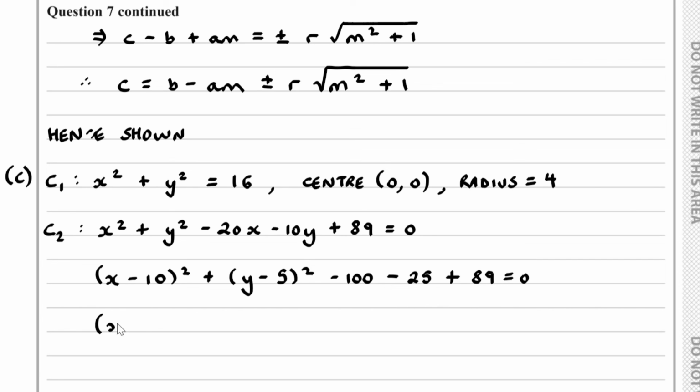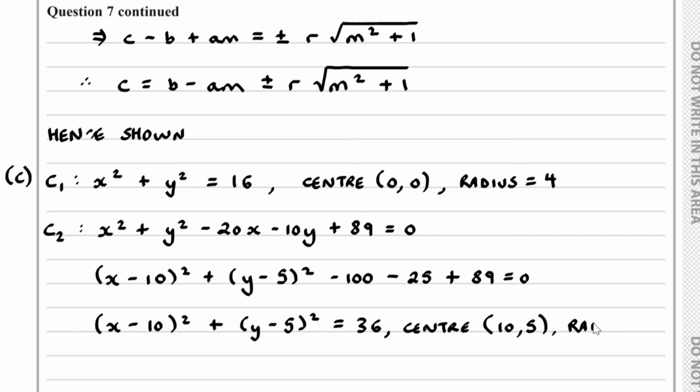So (x minus 10) squared plus (y minus 5) squared equals 36. We would have a center at the point (10, 5). We would have a radius of 6.